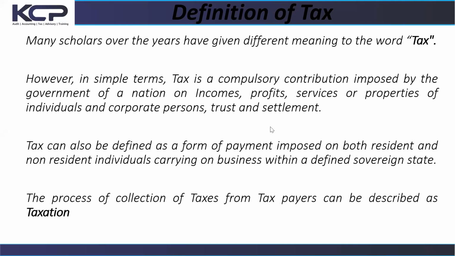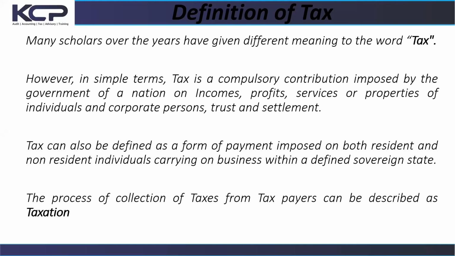Levies, you may be liable to making certain levy or paying certain levy even when you have not earned an income. But as far as tax is concerned, there must be that compulsion, whether you like it or not. It must be collected by the government. And that government must be traceable to a particular country or state within a country or local government within a country.